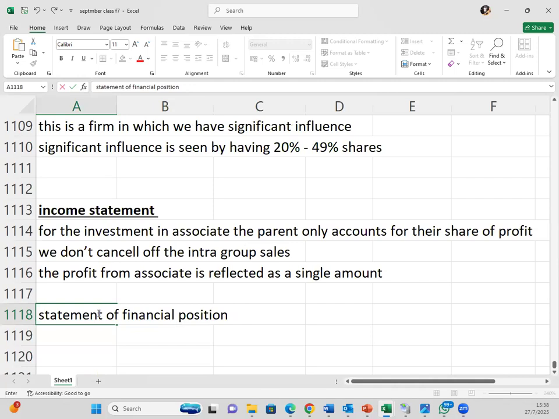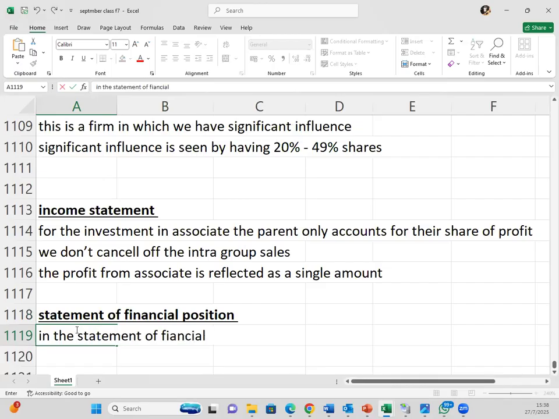In the statement of financial position, the investment in associate is equity accounted.